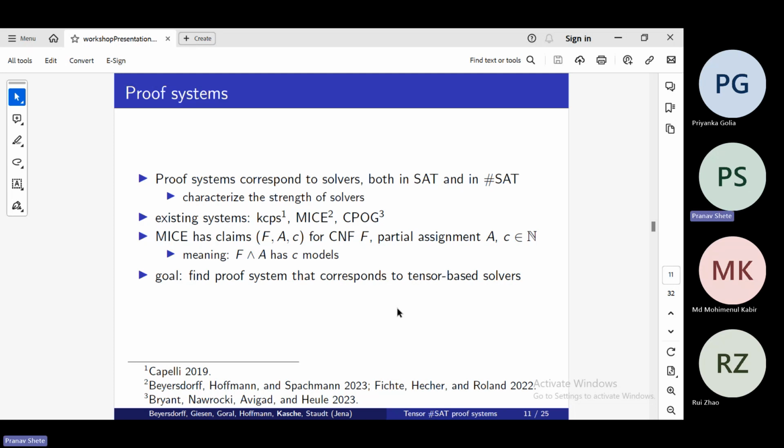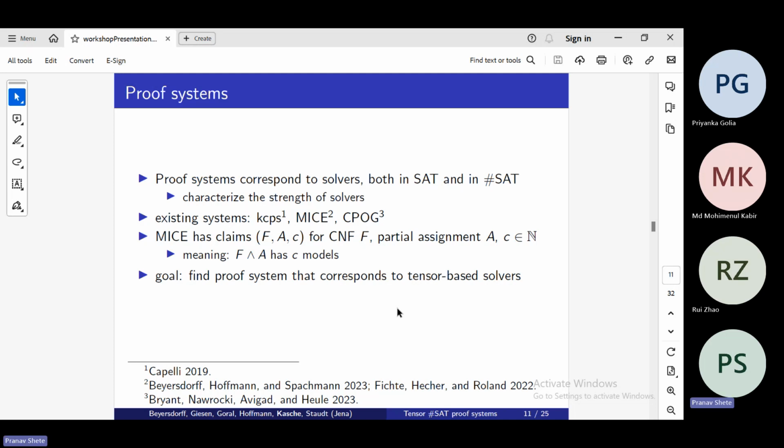And I want to explain a little bit about MICE systems because it's a line-based proof system. The lines are called claims. And these claims consist of a formula, a partial assignment, and a model count. And such a claim represents the fact that a partial formula F under the partial assignment A has exactly C models.